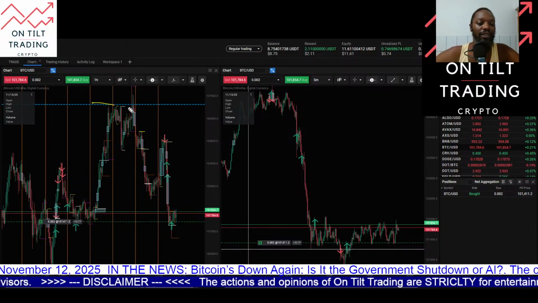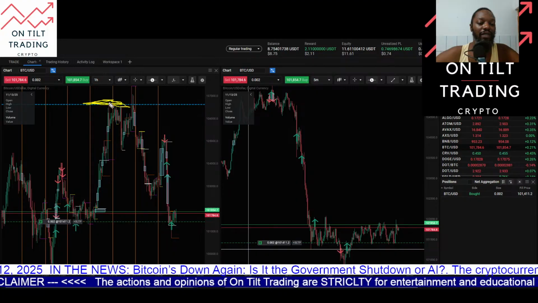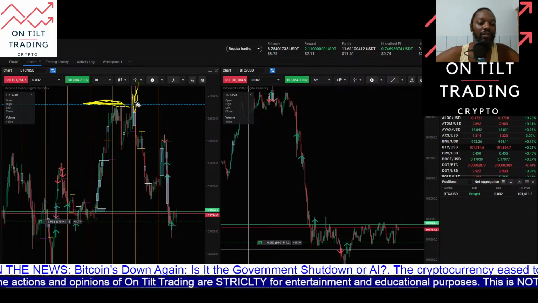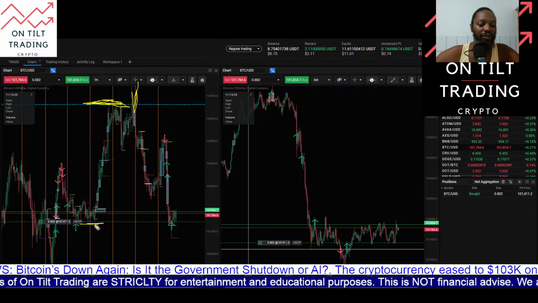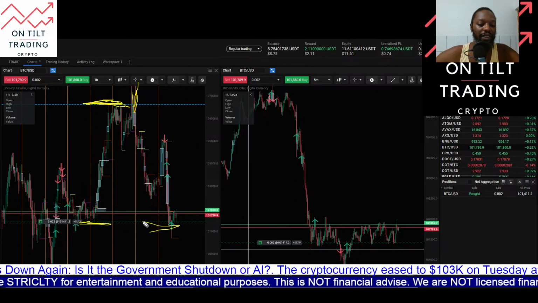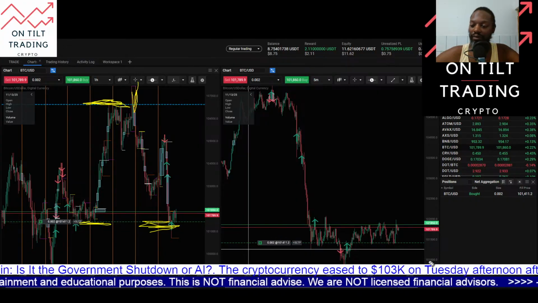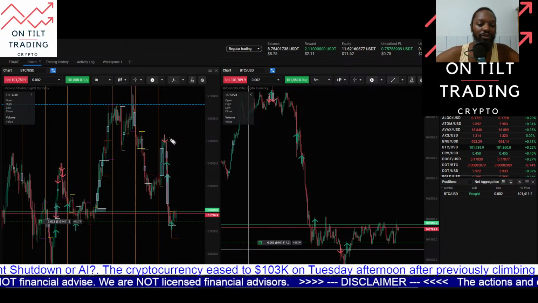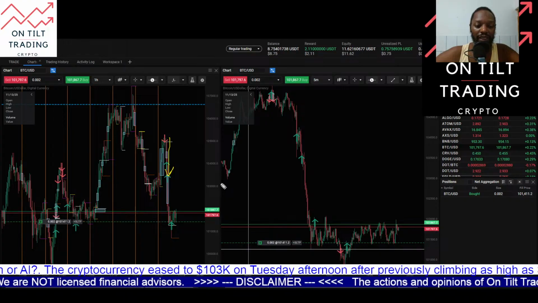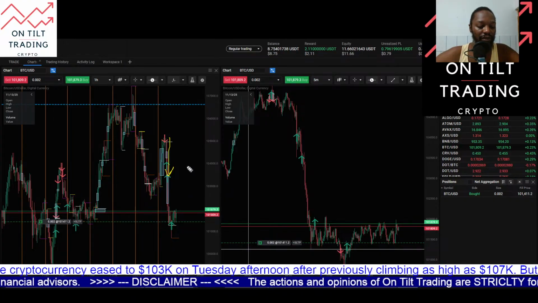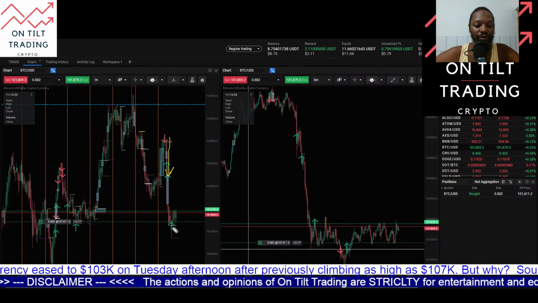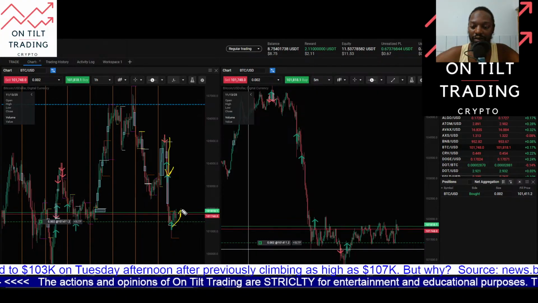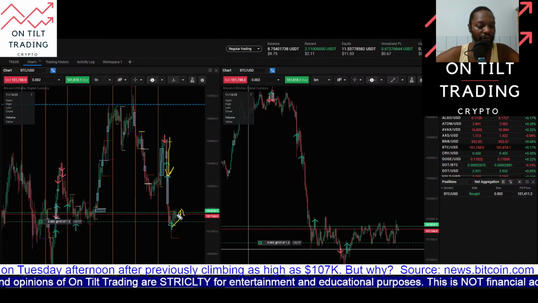So essentially this Sunday liquidity, buy side, was swept out here, and then the sell side has been swept out today here. With that, I was able to take a short position during the New York AM session, and then I was able to take a long position here in the afternoon of the New York session.